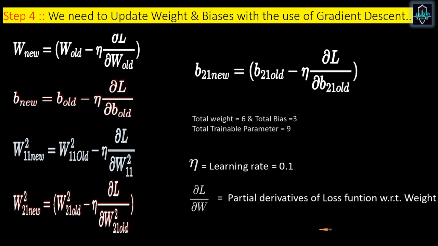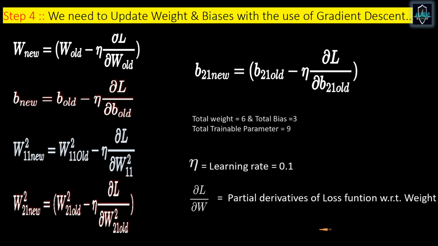So if we look at the definition, backpropagation is an algorithm for supervised learning of artificial neural networks using gradient descent, right? Given an artificial neural network and an error function, the method calculates the gradient of the error function with respect to the neural network weights.